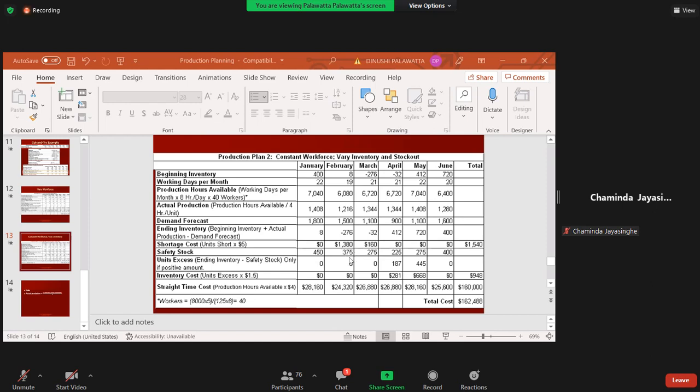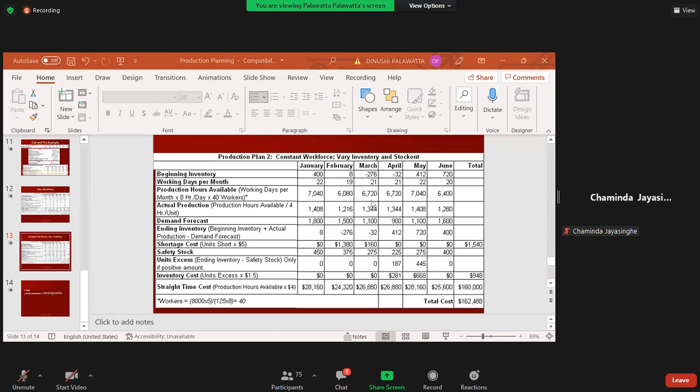Safety stock is 375. Excess inventory is 0 and the inventory cost is 0. 6,720 multiplied by 4 gives 26,880.